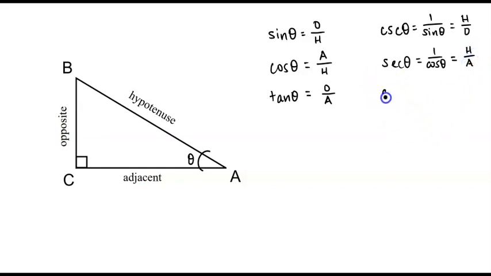And cotangent of theta is just 1 over tangent. And this is going to be the adjacent over the opposite. So here are our general 6 different trig ratios. I like to use SOHCAHTOA to remember that sine is opposite over hypotenuse, cosine is adjacent over hypotenuse, and tangent is opposite over adjacent.